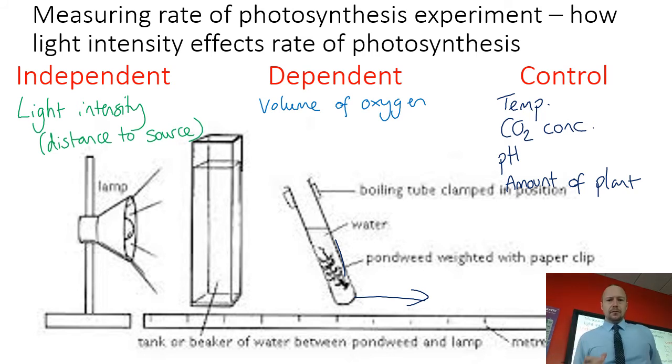Right, the dependent variable would be something you could measure, might be the amount of oxygen that's produced. So you could count bubbles that come off the leaf. More accurately, you could measure the volume of oxygen with a gas syringe or something like that. As long as you say how you would do it, that's absolutely fine.